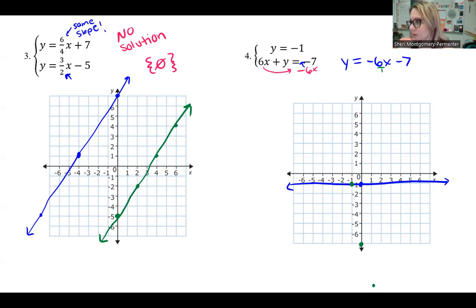So you still could plot a point going down 6 and over 1. And then to make the other half of the graph, you can do the opposite. So you go up 6 and to the left to make another point. And then I could go up 6 again and make another point. My graph would be like this.